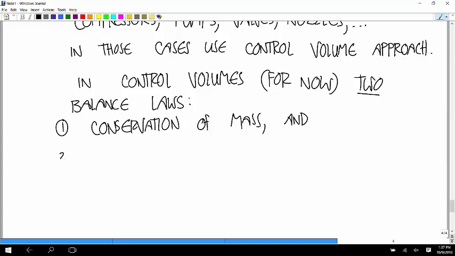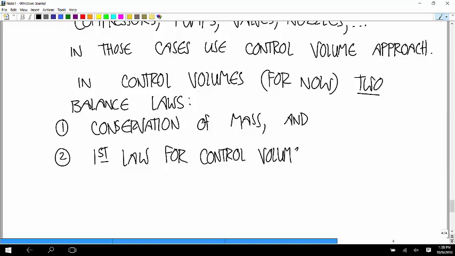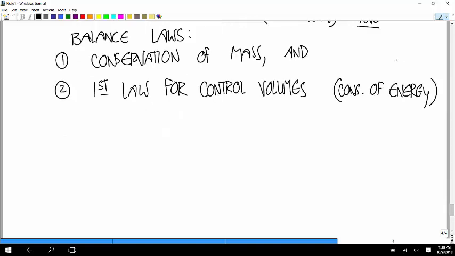And the second one is conservation of energy, which is the first law for control volumes. We don't have to specify conservation of mass for fixed amounts of material because it doesn't give you anything. But it will be a useful tool here.